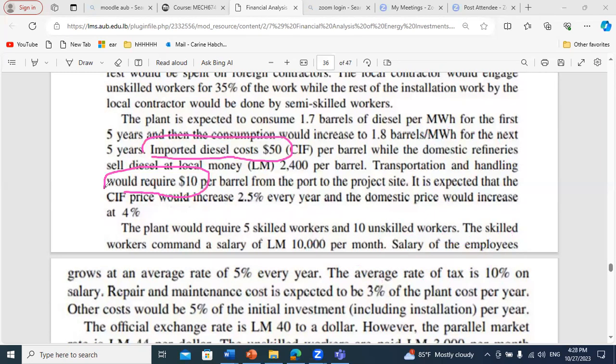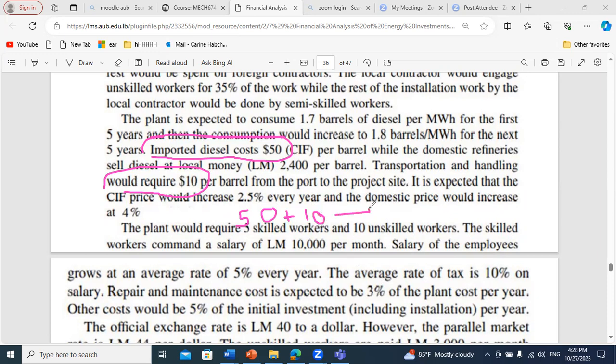Because they didn't mention anything, we will not consider any reduction. But in case they gave us a percentage of reduction on transport and handling, we will take it into consideration. So here the total cost of imported diesel is 50 plus 10, so it's $60 per barrel.